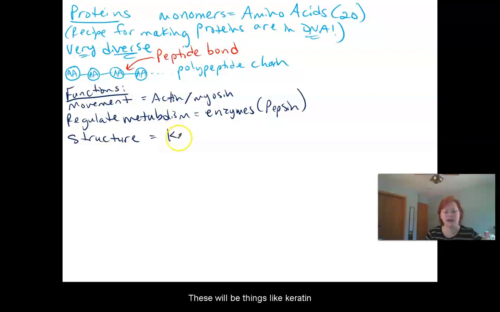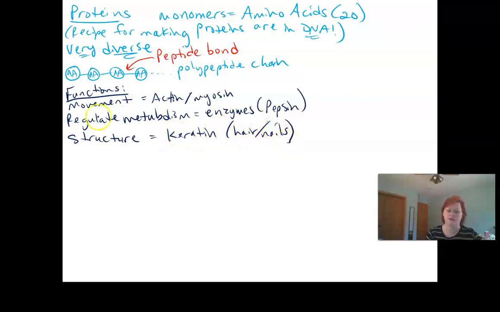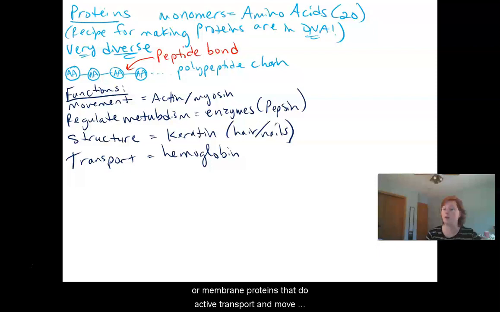These would be things like keratin, which is found in hair and nails. We have proteins that help with transport, like hemoglobin, or albumins, or membrane proteins that do active transport and move stuff across the membrane.